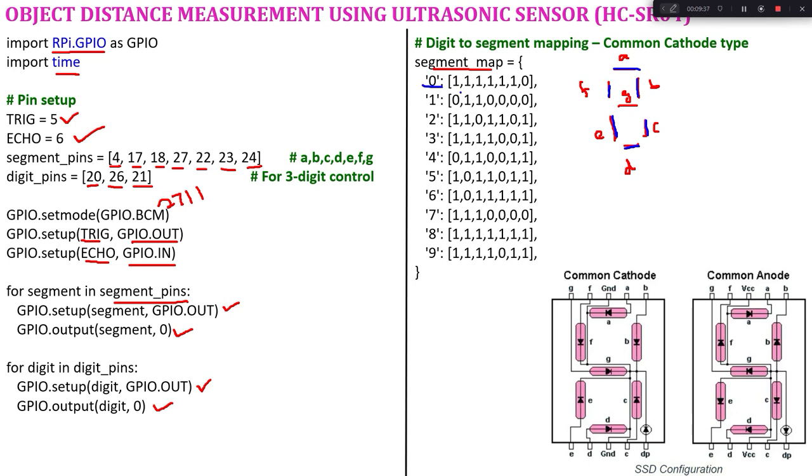So to have a 0, we put from A to F. All the segments are 1 except this G segment. So the G segment will be in the off state.